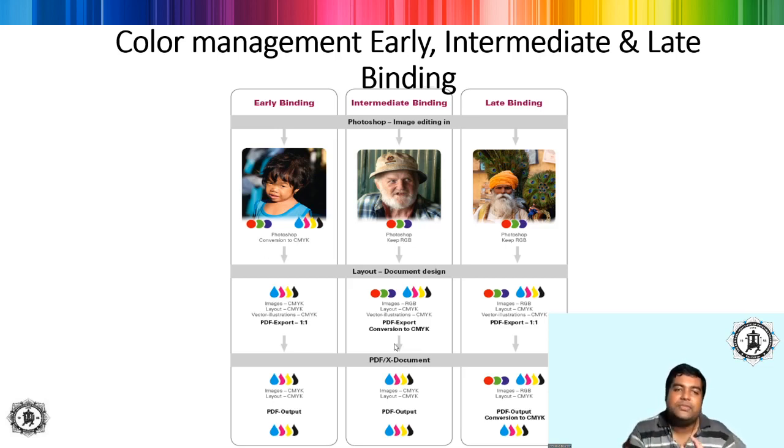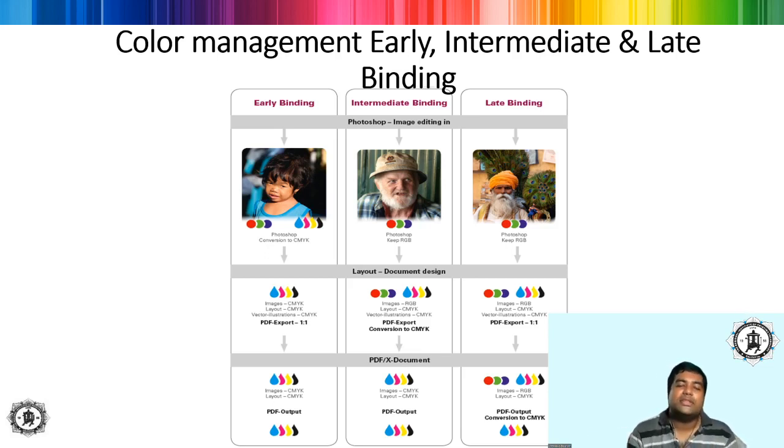The ICC based RGB space that has been embedded within the image gets converted to the document CMYK ICC, or working CMYK ICC profile. Here also you have full control over this process, because you are able to control the application settings and document color settings, transparency, blend spaces, what type of profile you need to select to convert the colors and all this. This much control you have over this process of intermediate binding, right?